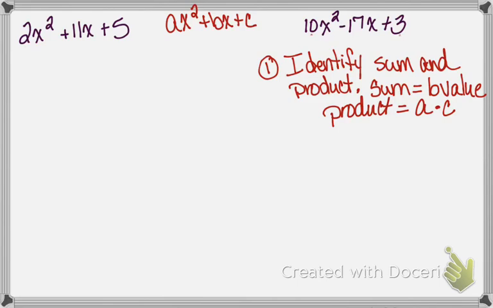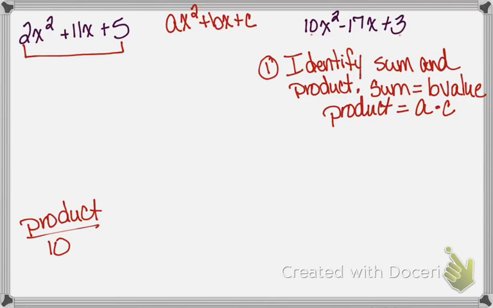So in my first example right here, my product is going to be 2 times 5. I have to multiply the number in front of my x squared times my C value. That's how I get my product. So what is my product here? 10. Because I've got to multiply 2 times 5.